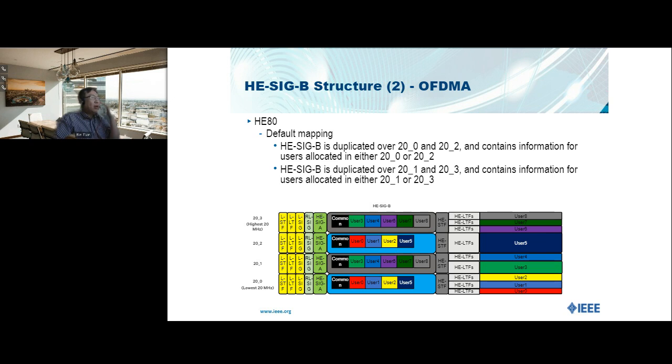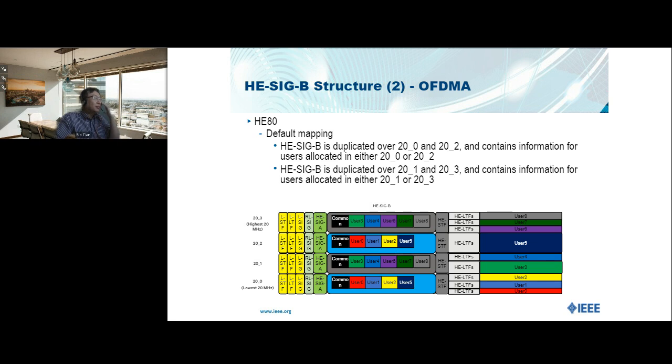In other words, the assignment of the lowest 20 MHz goes to content channel 1, which is sent in the lowest 20 MHz. The assignment in the second 20 MHz, 20-1, goes to the second content channel, so we send it in content channel 20-1.